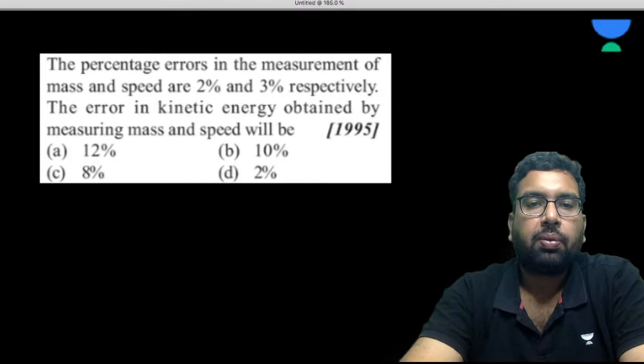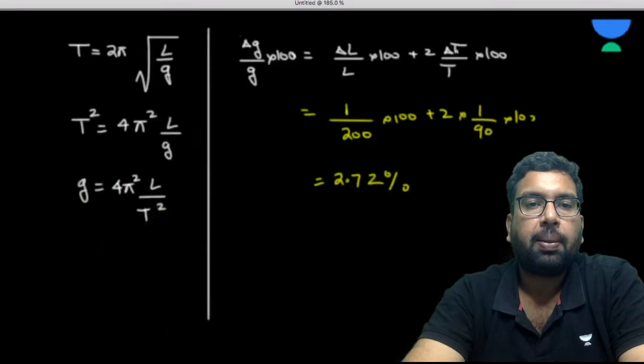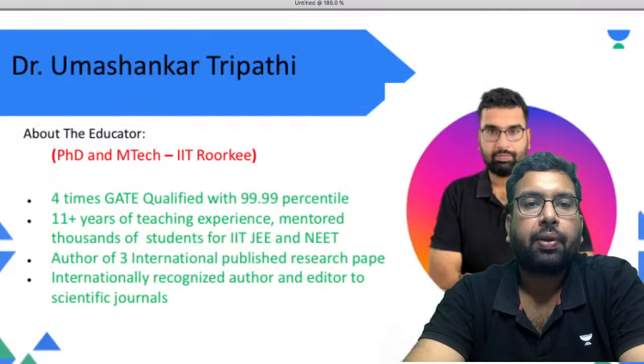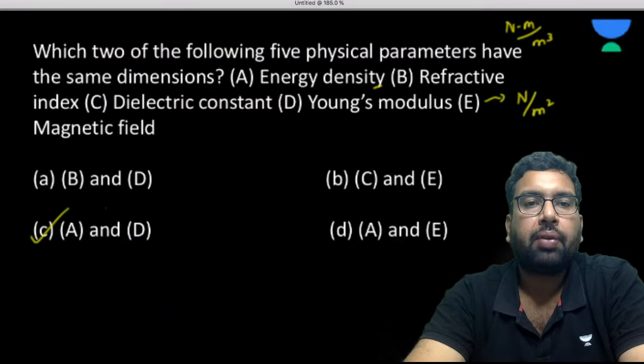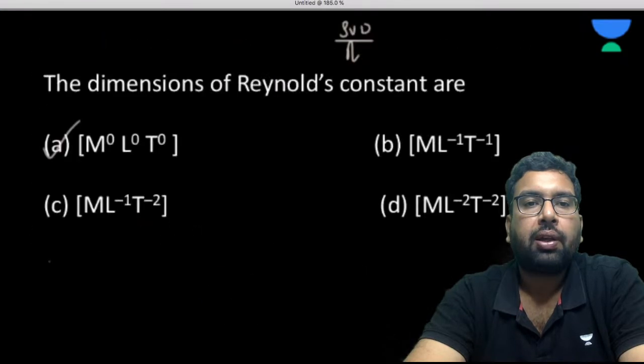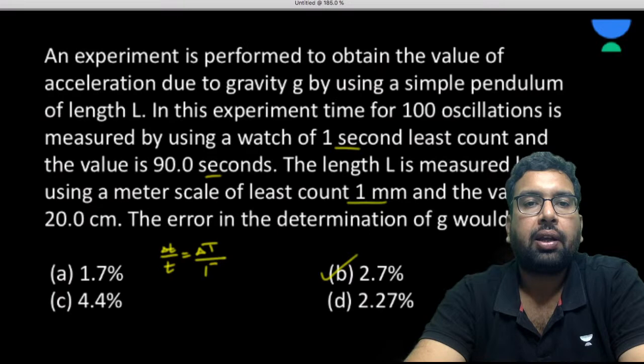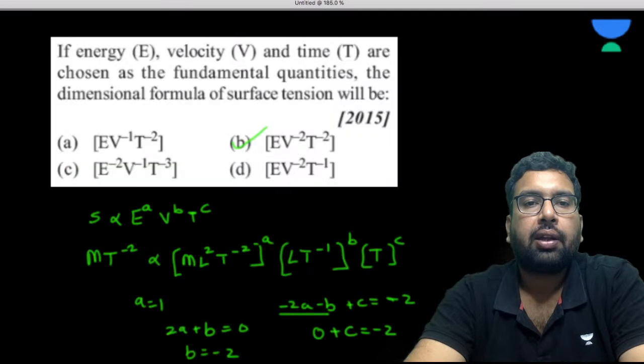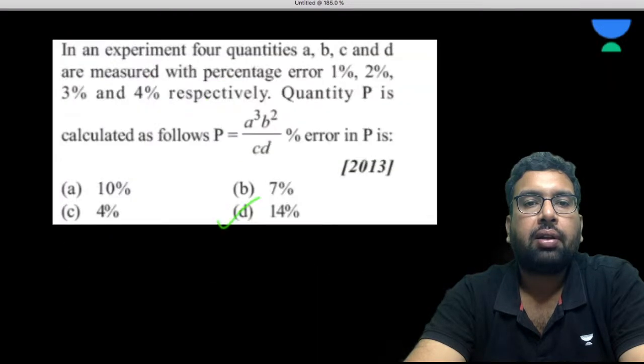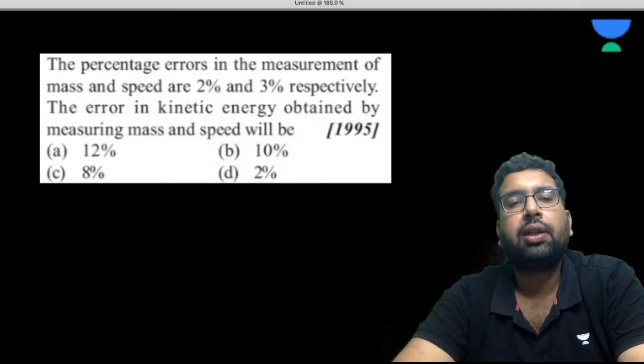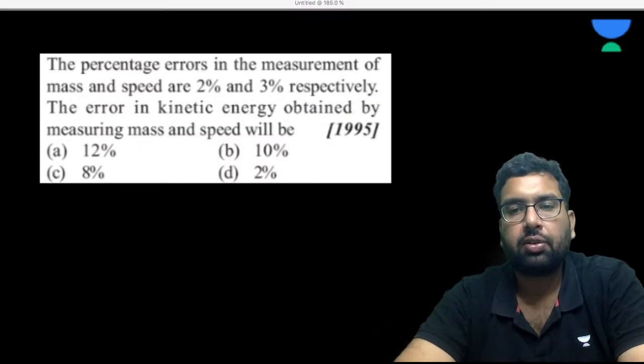So in this session, how many questions have we done? Let's see. 1, 2, 3, 4, 5, 6, 7, 8, 9, 10, 11, 12, 13, 14. So this is the 14th question of today's session. Please do it.